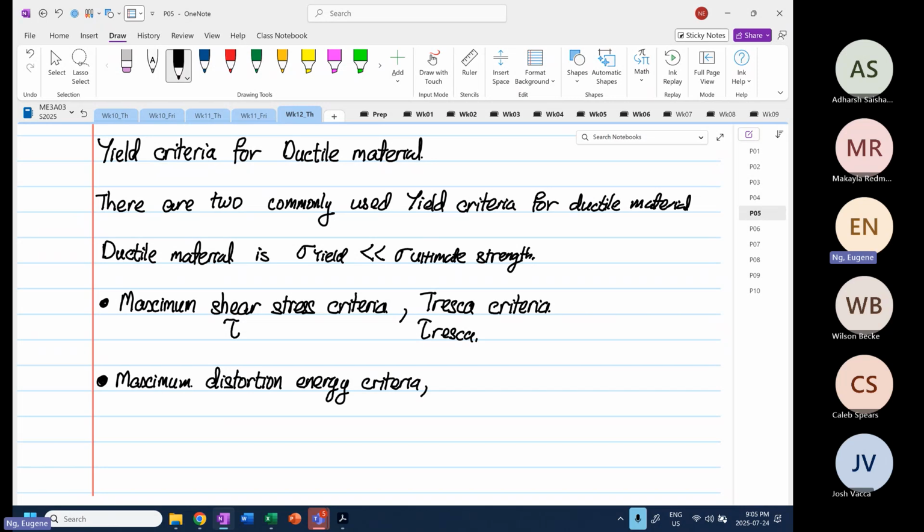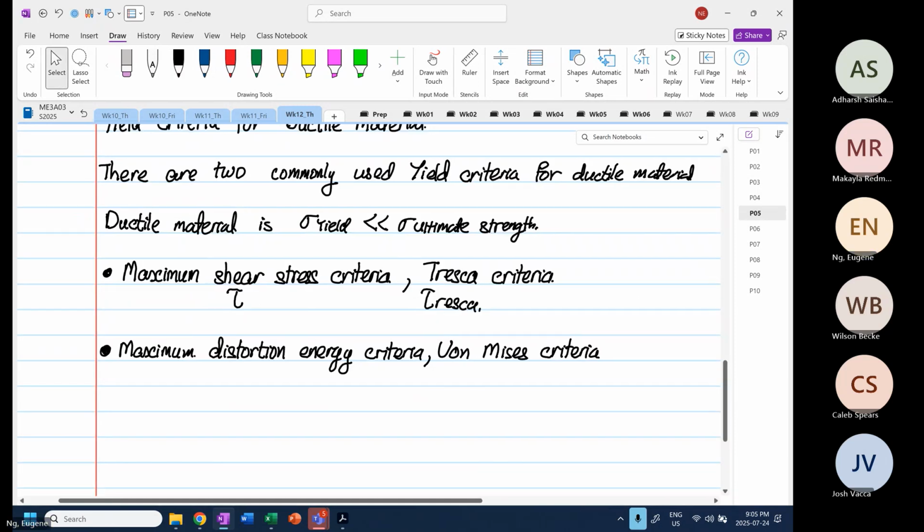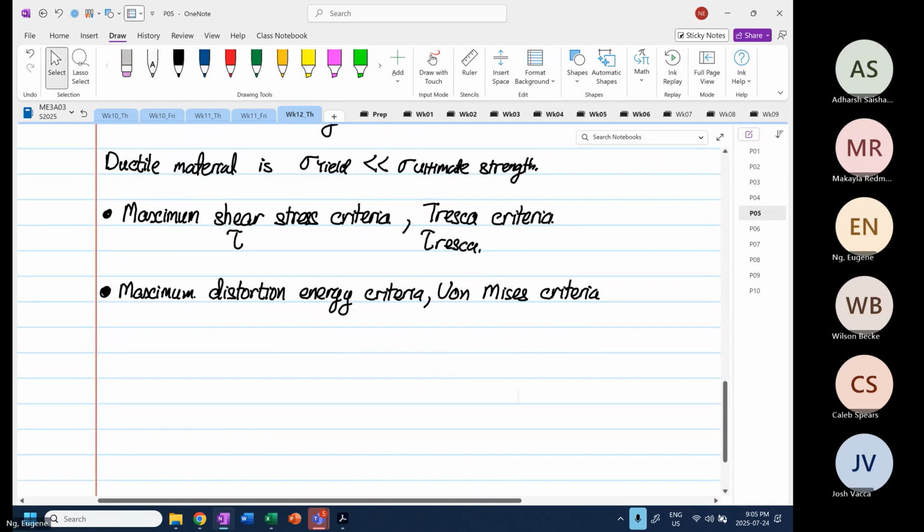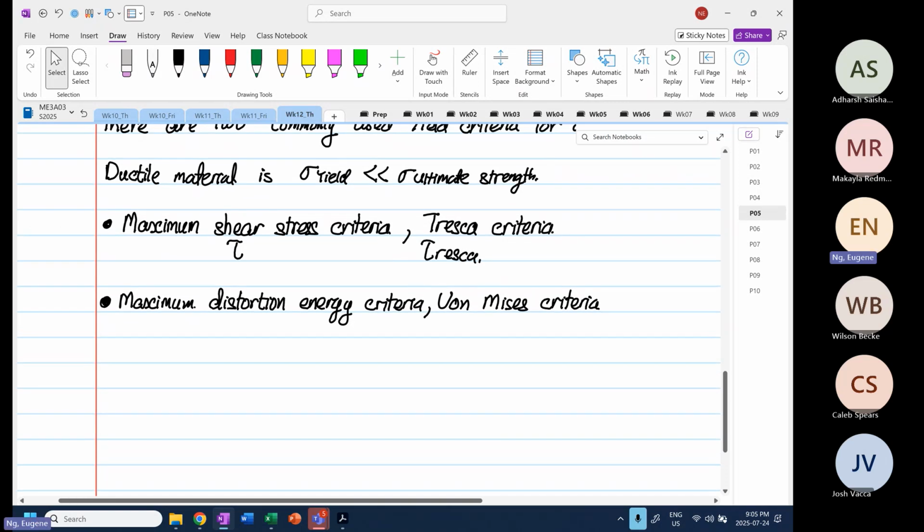This is commonly known as the von Mises criteria. I'll show you the difference.